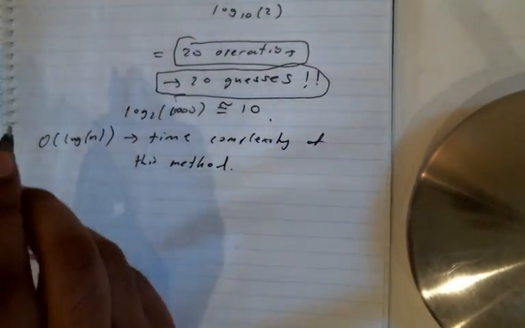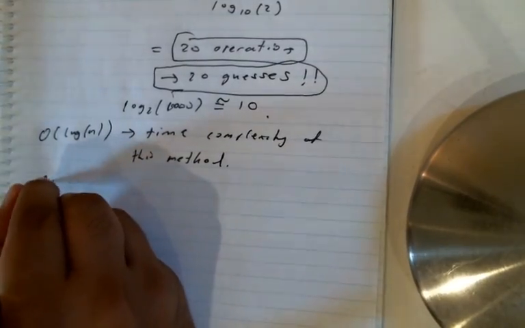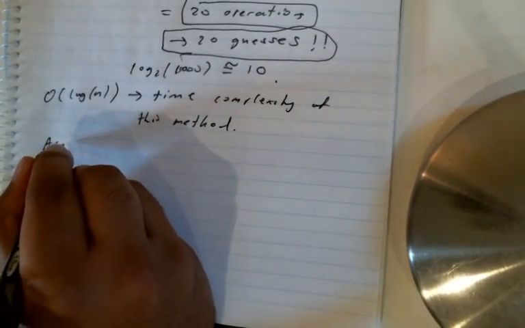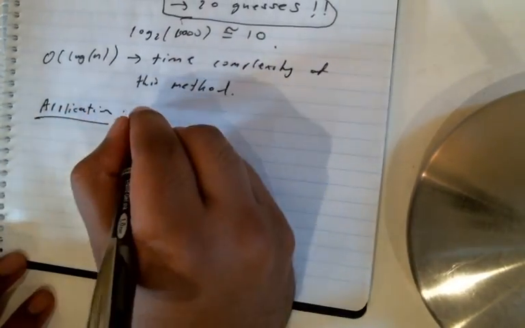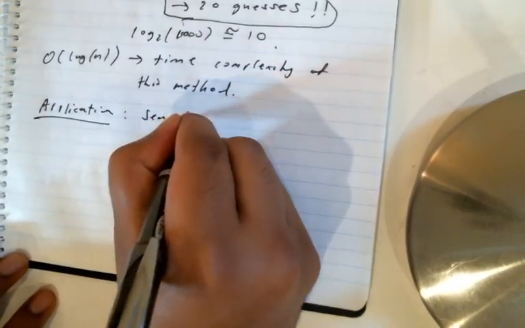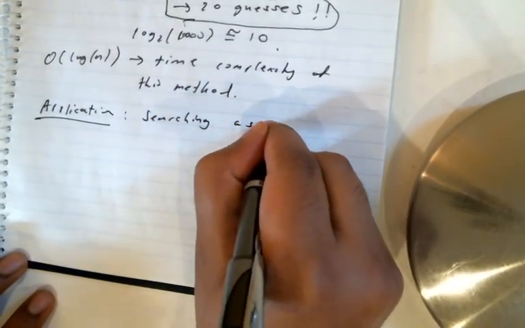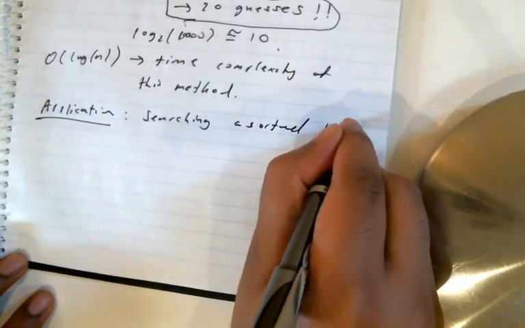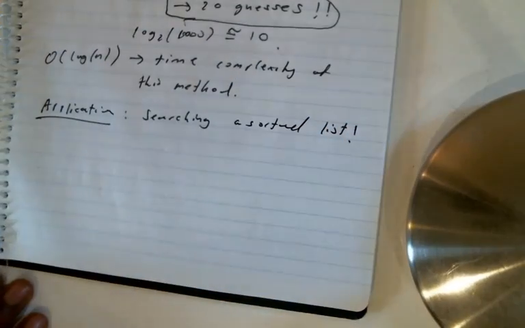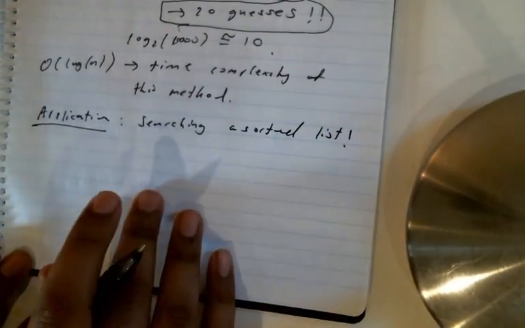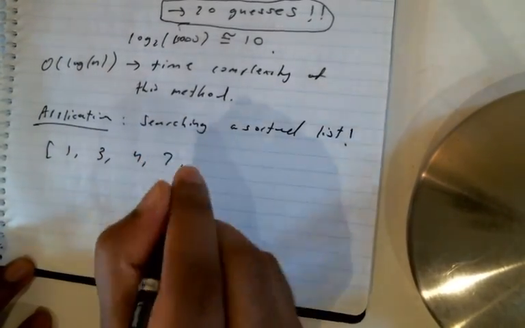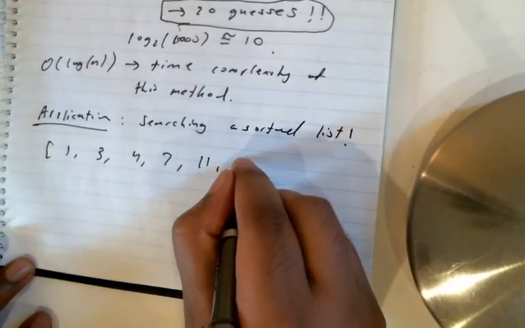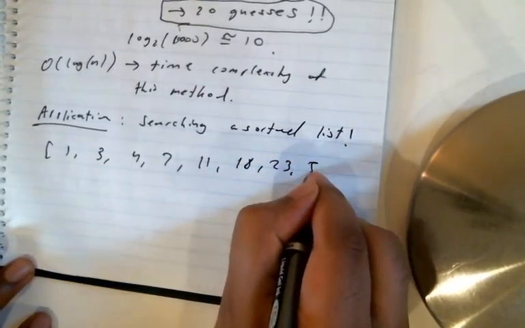So another application is searching a sorted list. So for example, I have some numbers. Say I have 1, 3, 4, 7, 11, 18, 23, 55.